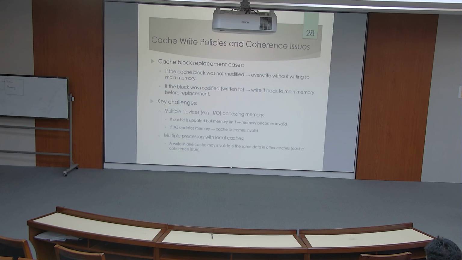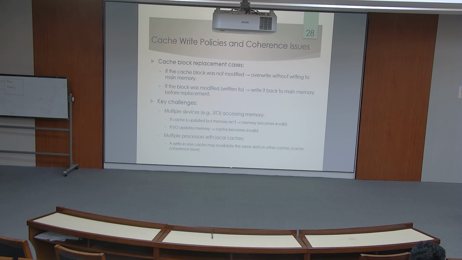In modern computer systems, they came up with the idea of having many cores on the same computer chip. That means we can have a write on one cache. So we have a computer system which includes different cores.